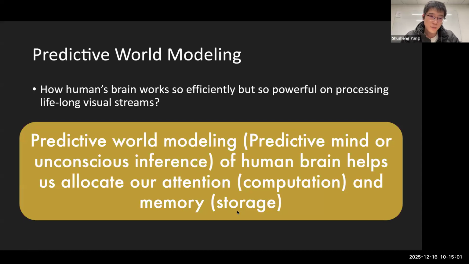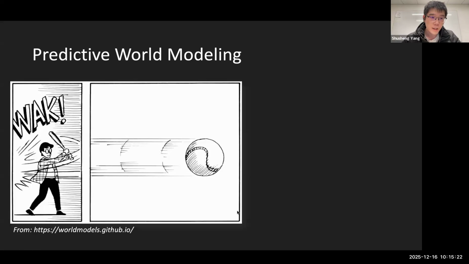One answer from developmental psychology is predictive world modeling, or the predictive mind theory, or unconscious inference, which can help humans allocate attention and memory.